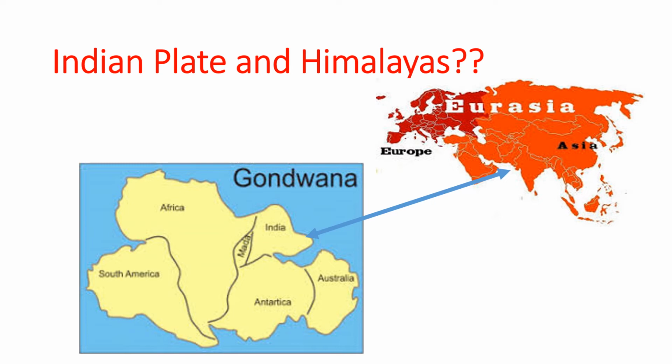Because the Indian plate has a huge mass, and that huge mass is moving, it has momentum. Momentum is equal to m into v, velocity. When it collided with a huge momentum, it produced the Himalayas in front, and on the west side of Pakistan the Balochistan plateau was also produced.